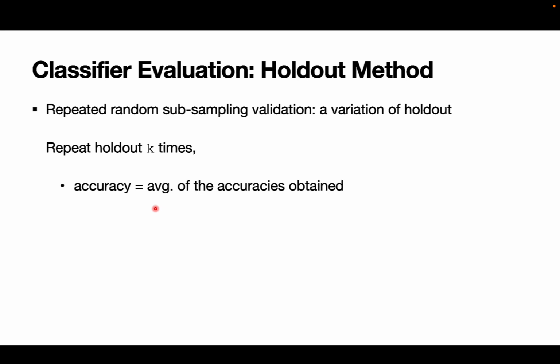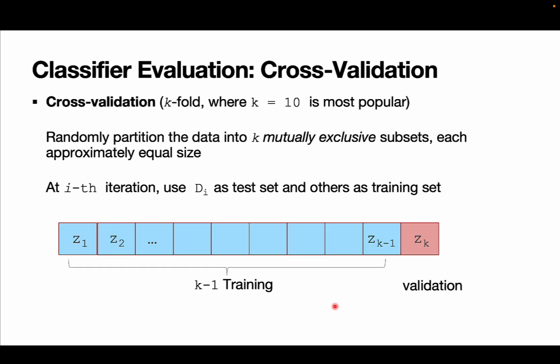So, to overcome this issue, repeated random subsampling validation may improve the reliability because we're repeating this process multiple times, then take the average.